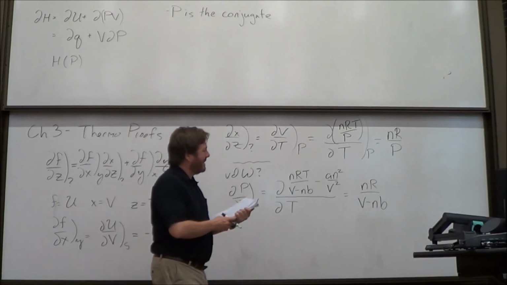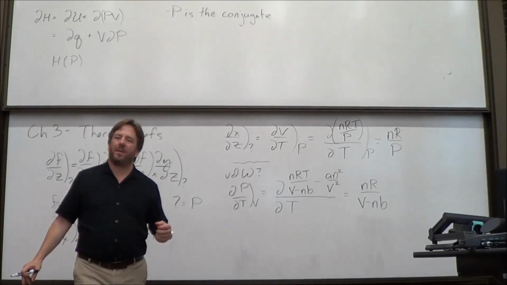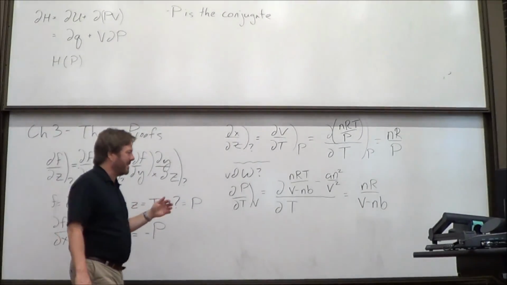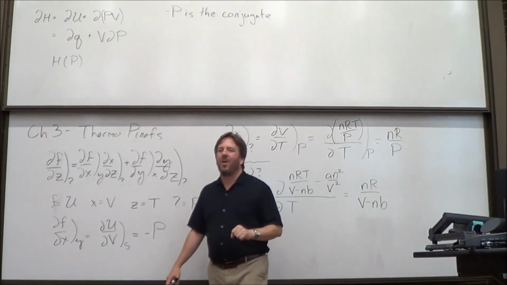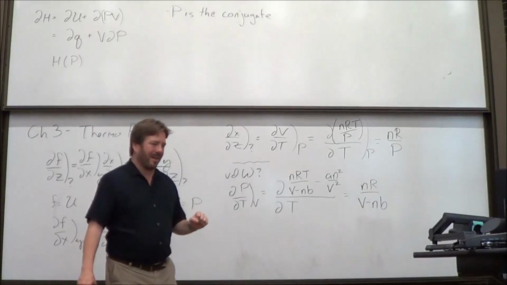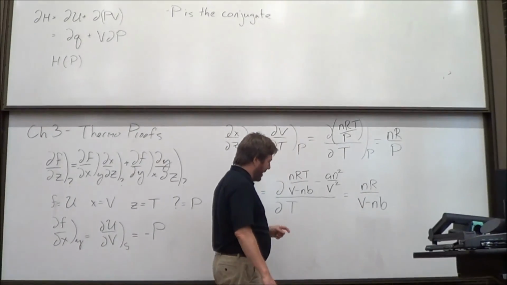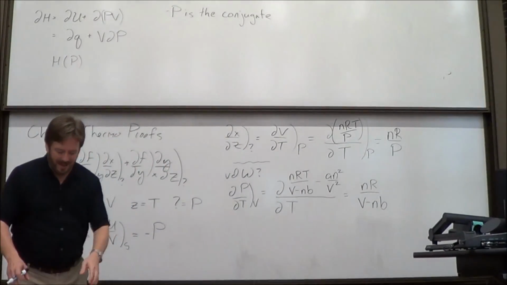What's kind of nice is, as I said before, any result I have with the van der Waals equation or that other equation I've chosen to use this semester, if you eliminate the real gas parts, you ought to return the perfect gas. So B would be 0 for a perfect gas, and I end up with nR over V, which is right, that would be dP/dT.